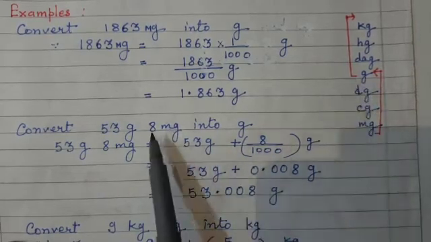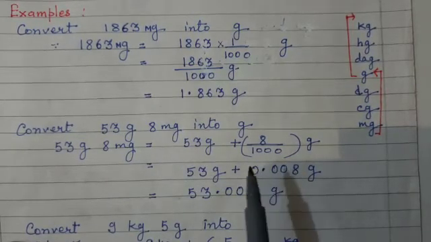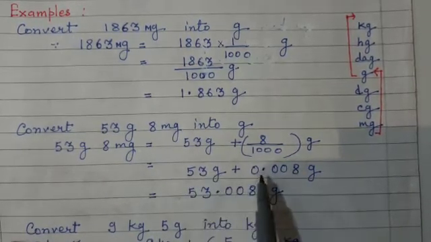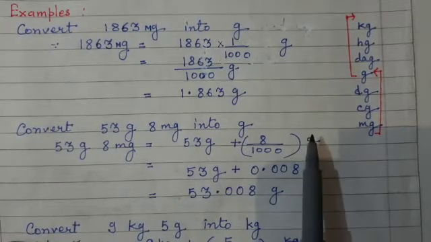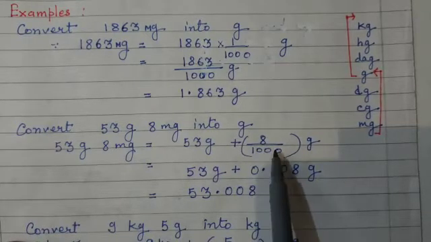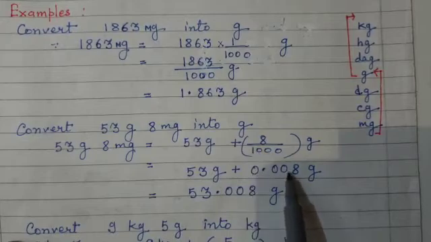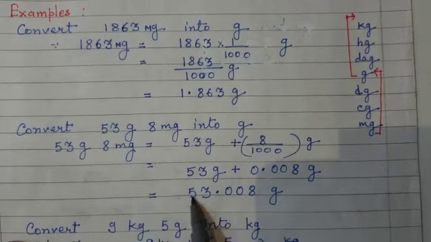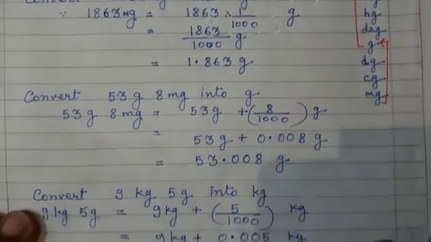Milligram to gram means again divided by 1000, so 8 upon 1000 gram. So when we convert it, it is 53 gram plus 0.008 gram. Already you have the concept of decimal. When we divide this 8 by 1000, it should be 3 zeros, so 0 plus decimal. Therefore, it should be 0.008. Finally, it is 53.008 gram.